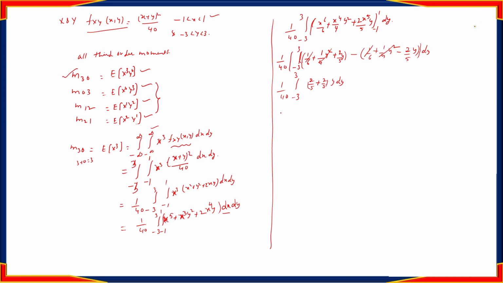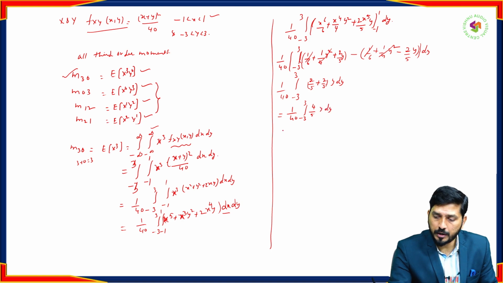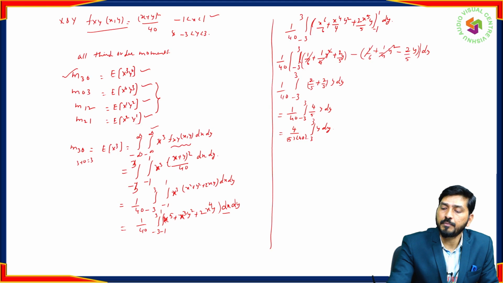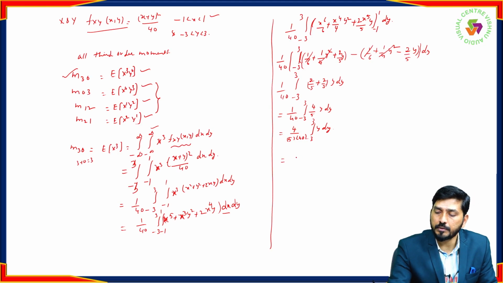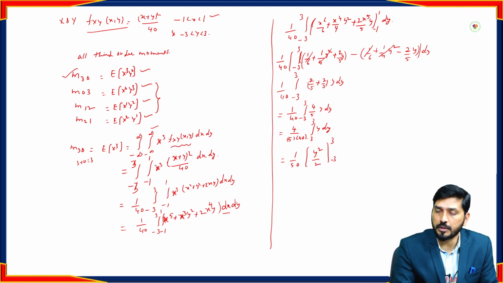Now it can be written as 1 by 40 integral minus 3 to 3, 4 by 5 y dy, which is 1 by 50 times the integral of y, that is y square by 2 over minus 3 to 3.